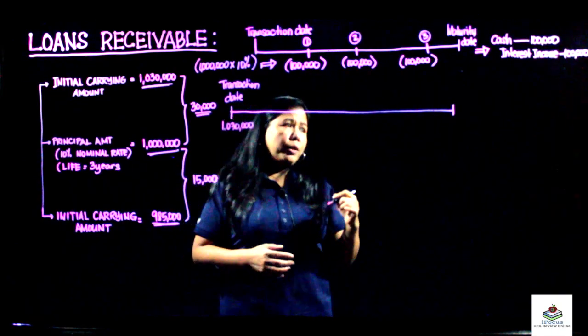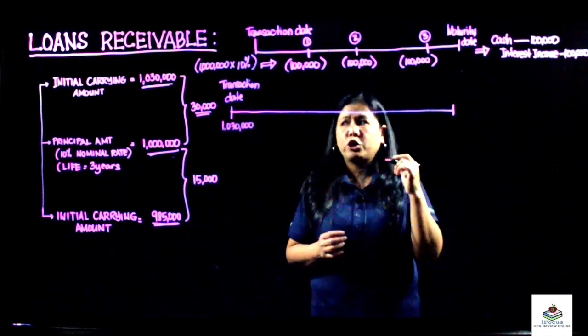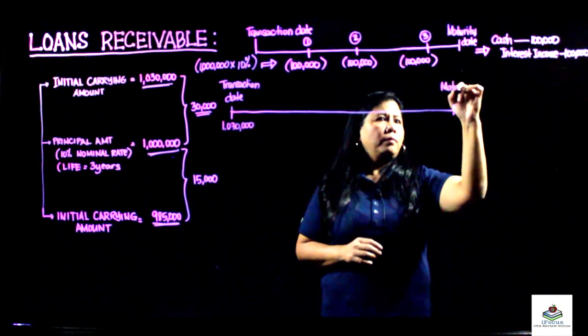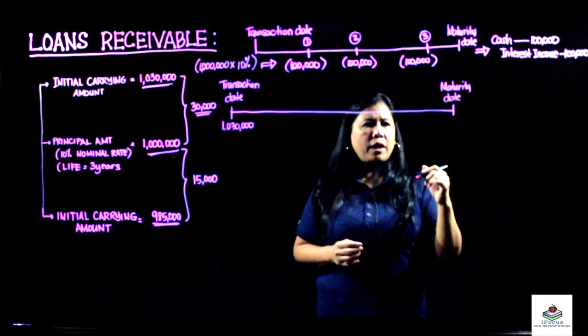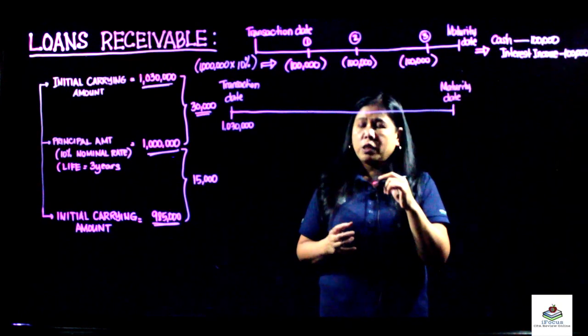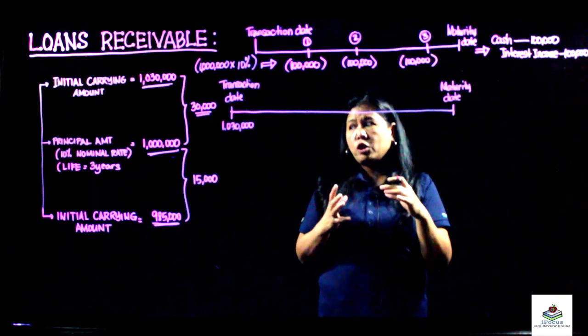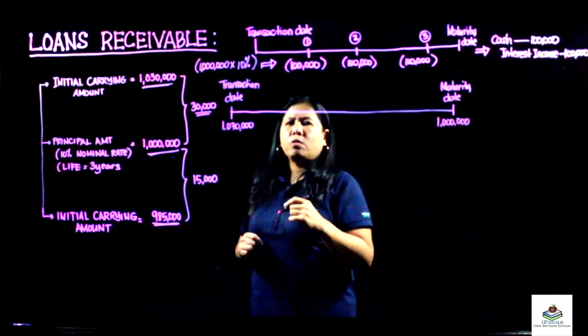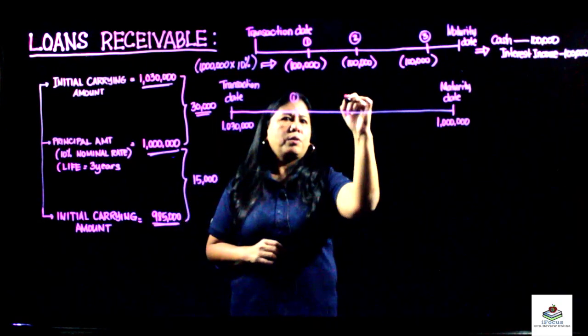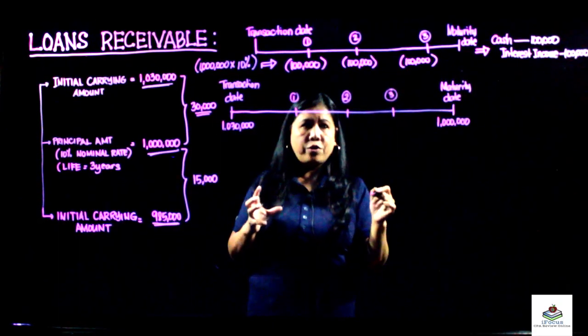And on the maturity date, our loans receivable should be the same amount as our principal. We have our first year, our second year, and our third year.